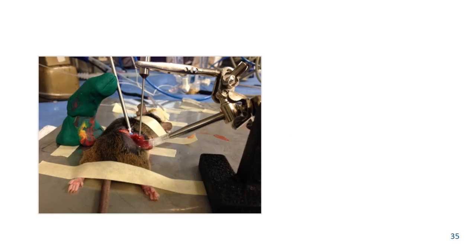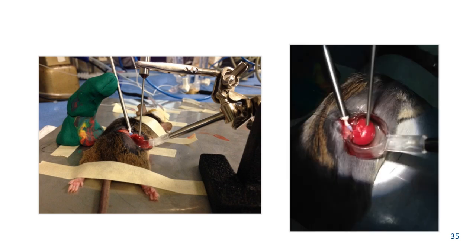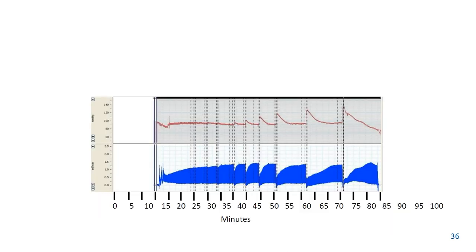I put a warning here because the next slide shows some animal studies. These are our acute studies in mice where we look at kidney blood flow. You can see here an ultrasound probe over the renal artery, and a laser tissue Doppler that sits over the cortex to look at capillary perfusion in mice.